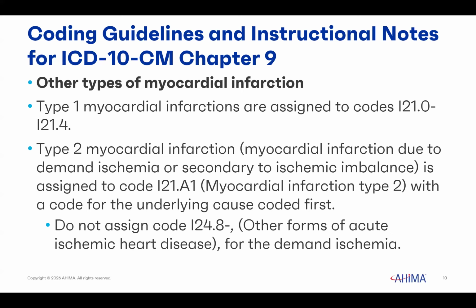And again, just a reminder, we don't assign code I24.8, other forms of acute ischemic heart disease, for demand ischemia, right? Because we've already covered that in other codes.